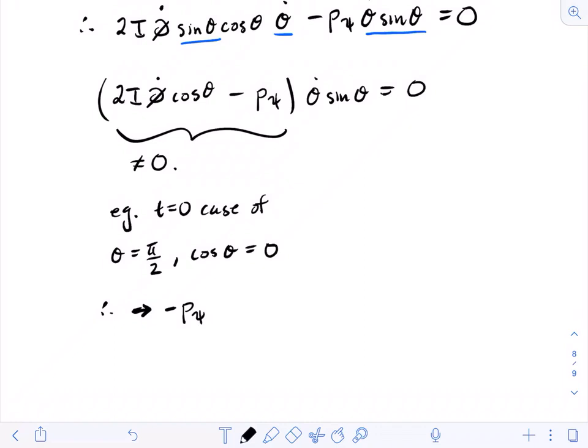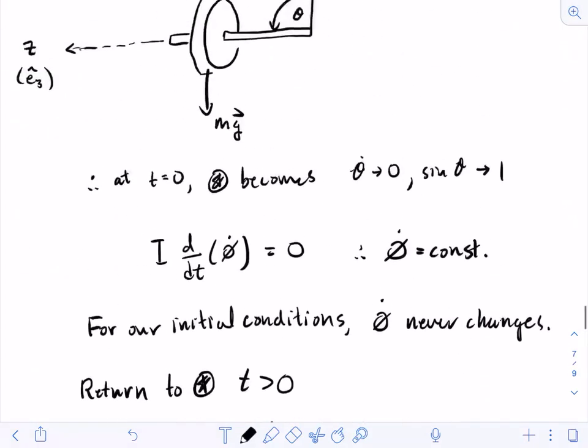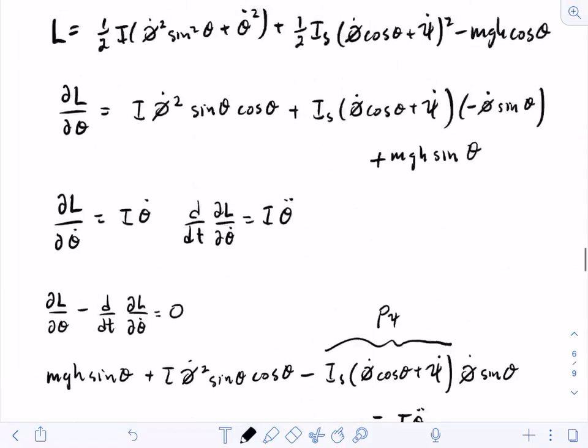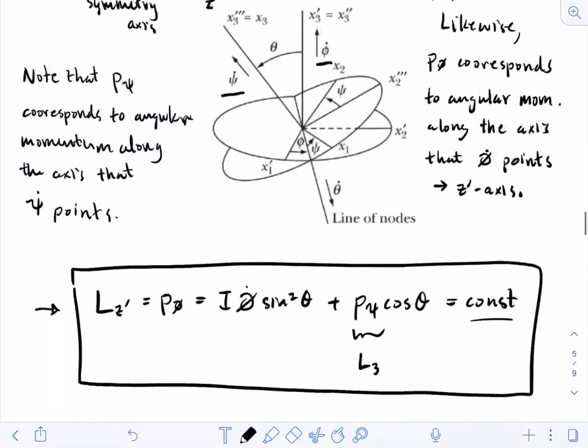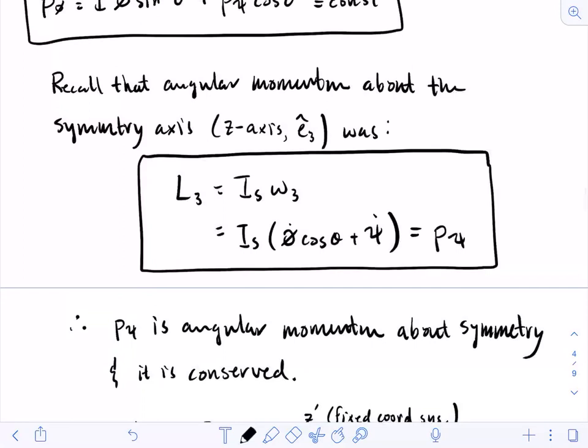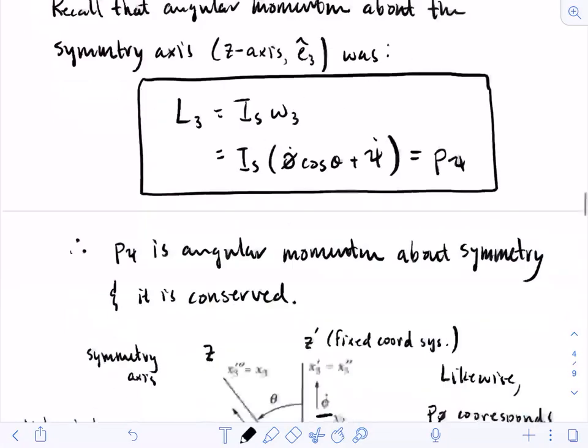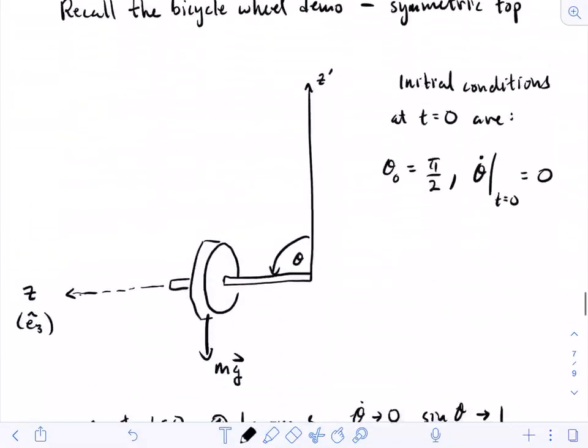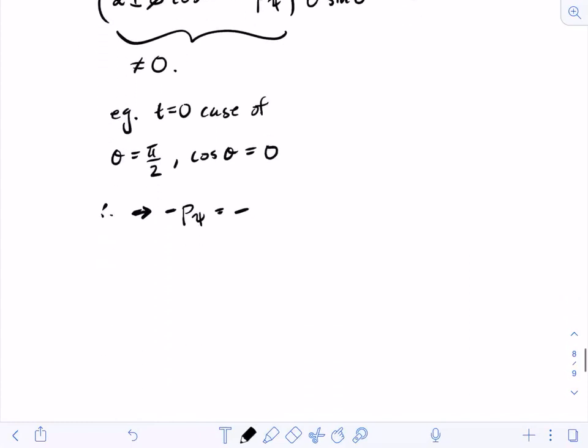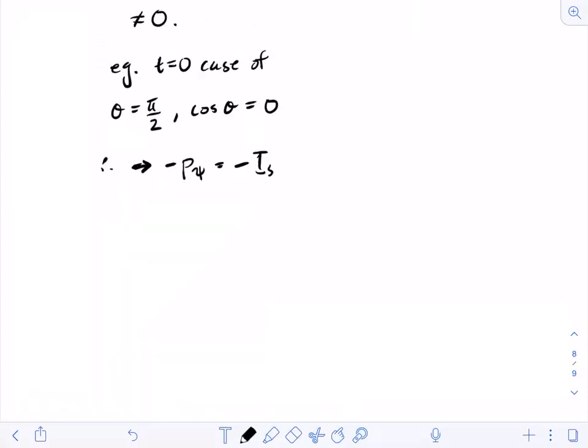Now what was that angular momenta? Let's look it up. Let's see if we can find it. It's not that one, it's this one. So it's I3 times phi dot cos theta plus psi dot.